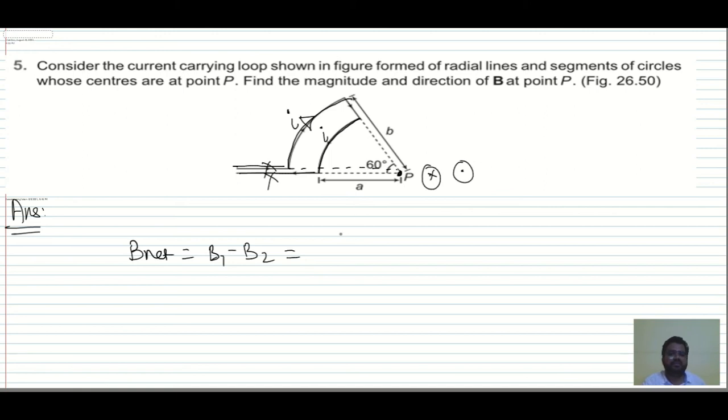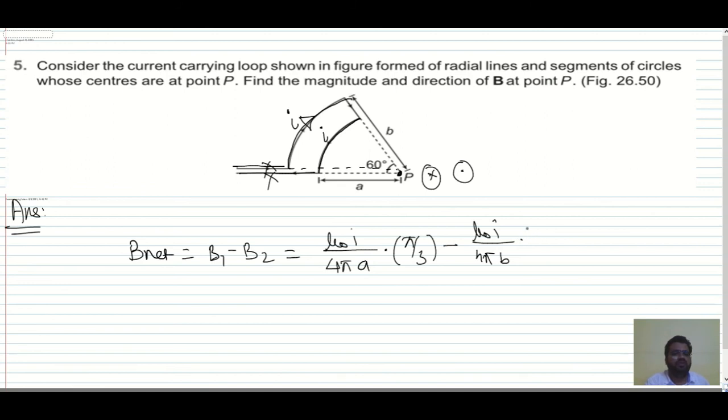B1 will be mu naught I divided by 4 pi a into 60 degrees, which is pi by 3, minus mu naught I divided by 4 pi b into pi by 3 only. So pi gets cancelled, pi gets cancelled. So we will have mu naught I divided by 12 in bracket 1 by a minus 1 by b.